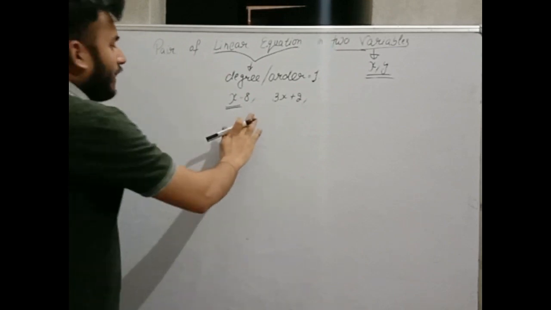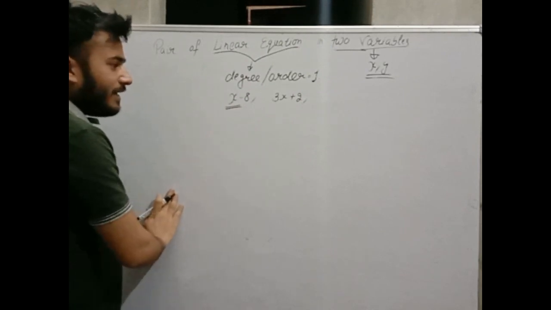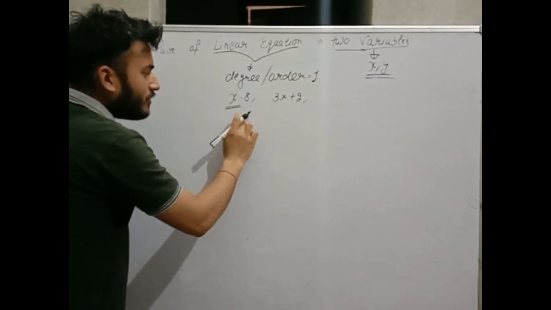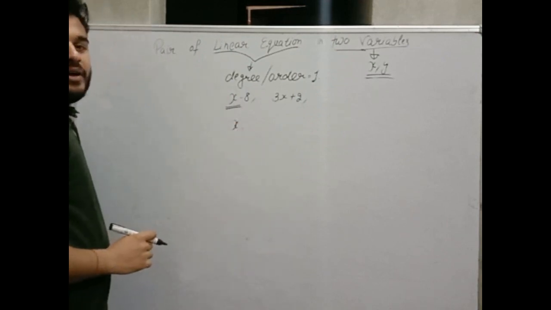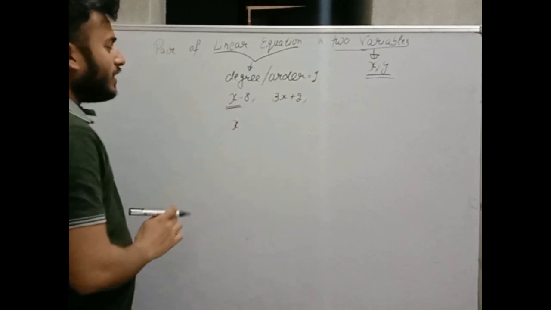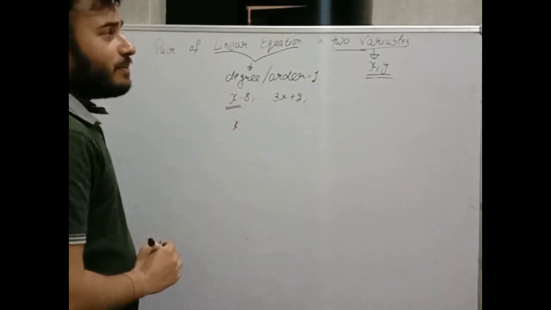Now student, if you note, in chapter 2nd we were given only one equation, which may be quadratic or cubic, but there is only one equation given in the second chapter.